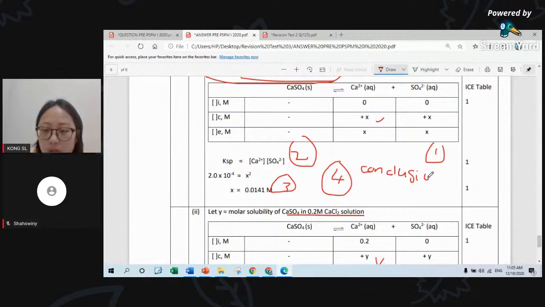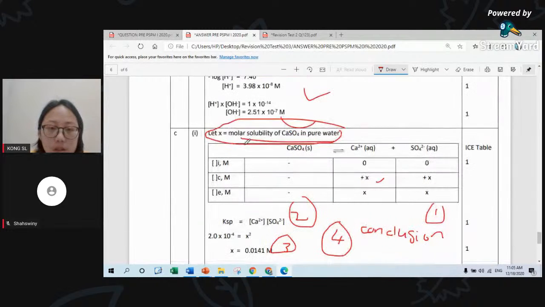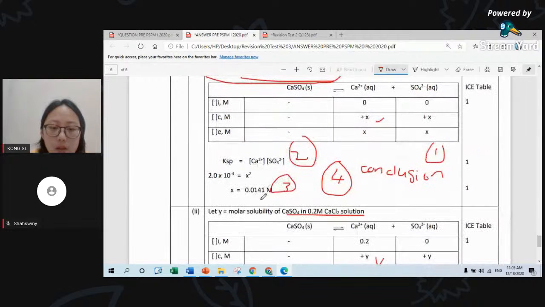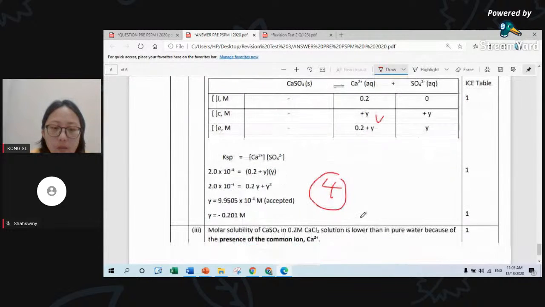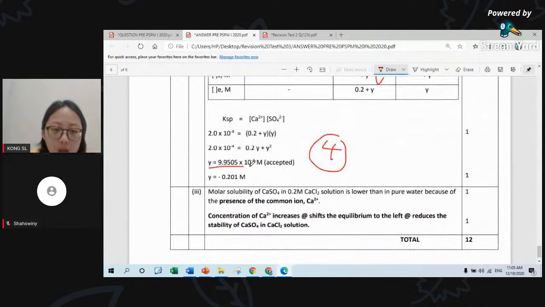So make the conclusion: the molar solubility of calcium sulfate in pure water is 0.0141 molar, and the molar solubility of calcium sulfate in 0.2 molar calcium chloride solution Y is 9.9505 times 10 to the power of -4. This is negative, that's why it is not accepted.